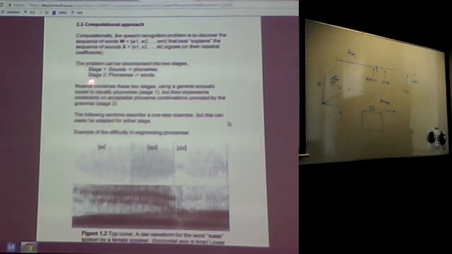Given the phonemes, what are the most likely words? So what Nuance does, it has two stages. It uses a general acoustic model to identify phonemes. So it doesn't use the grammar, it just uses what English sounds like. And then it uses the grammar to decide how to combine phonemes into words.